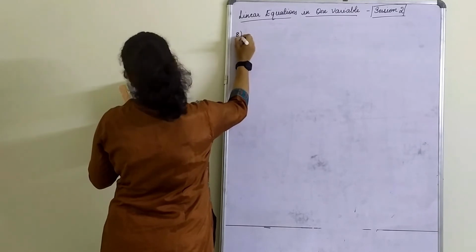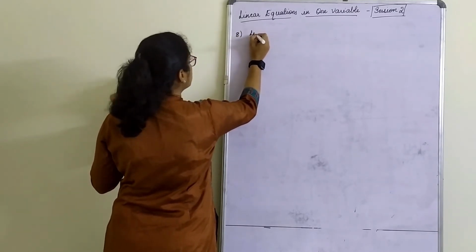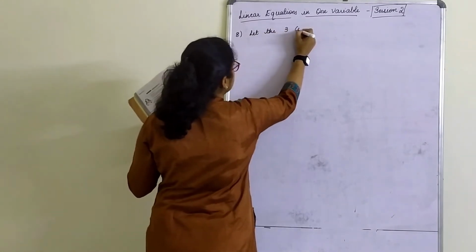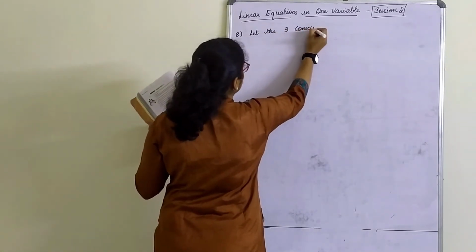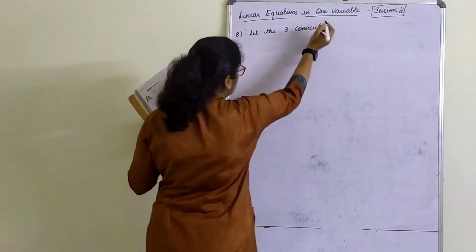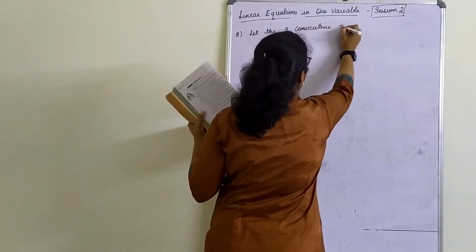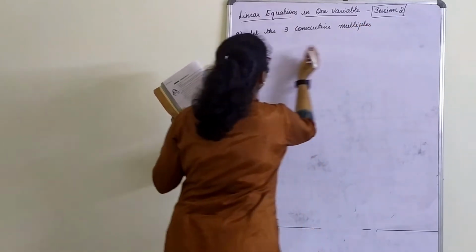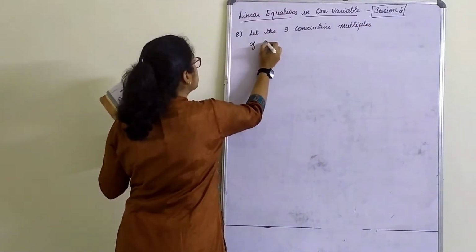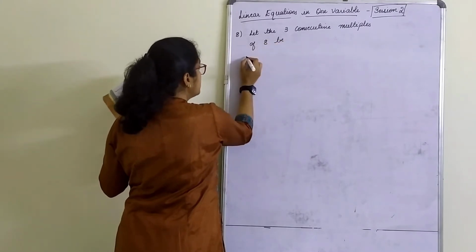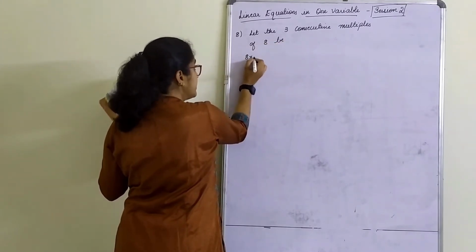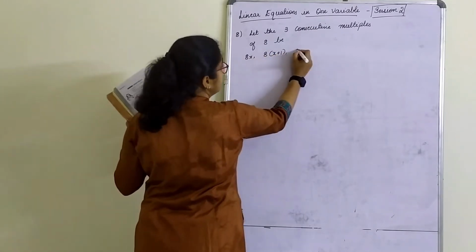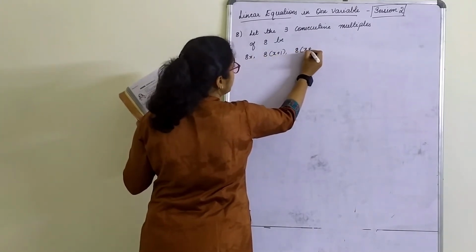Let the 3 consecutive multiples of 8 be. So the first one is 8x, next one is 8 of x plus 1 and next is 8 of x plus 2.